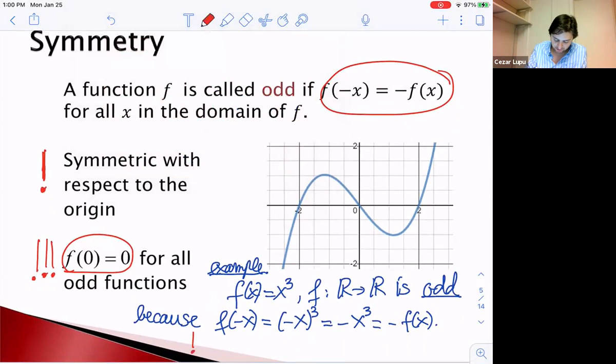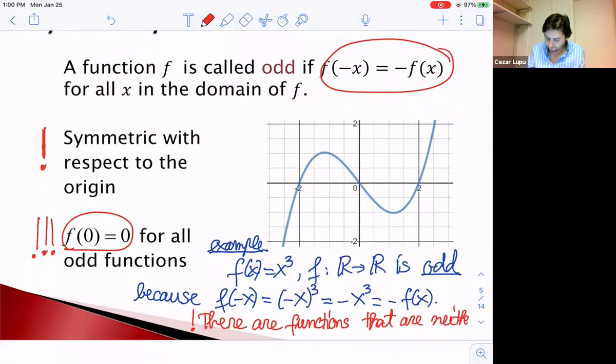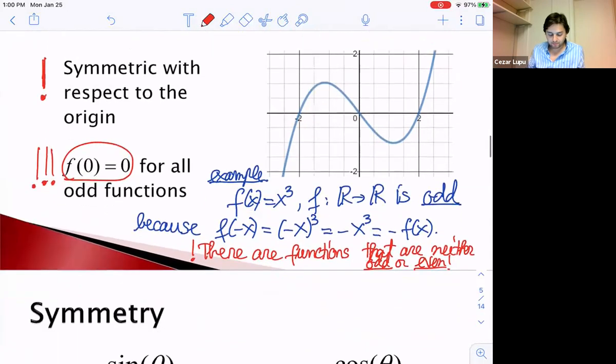So there are functions that are neither odd or even. So that's what you need to know. Anyway, I will give you an example of a function that is neither even or odd. All right.